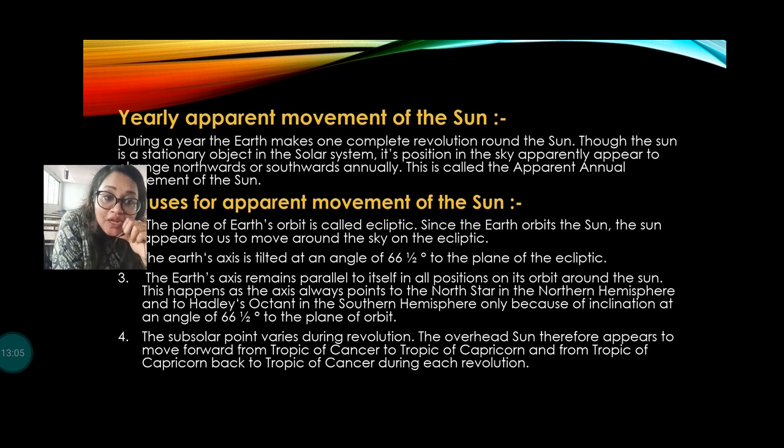Also, the subsolar point varies during the revolution. The overhead sun therefore appears to move from the Tropic of Cancer to the Tropic of Capricorn, and from the Tropic of Capricorn back to the Tropic of Cancer during the revolution.